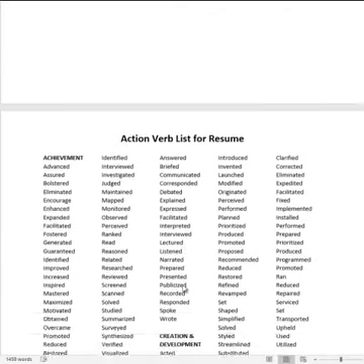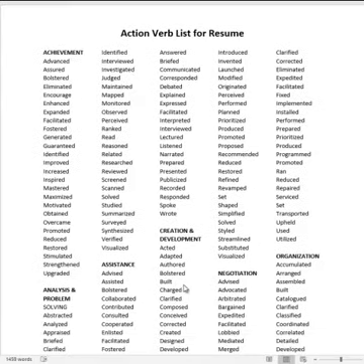Finally, there are action verbs for your resume. You can only say worked so many times, and it's so boring. You did something else. What else did you do? Did you produce something? Did you reduce? Was it something you authored?